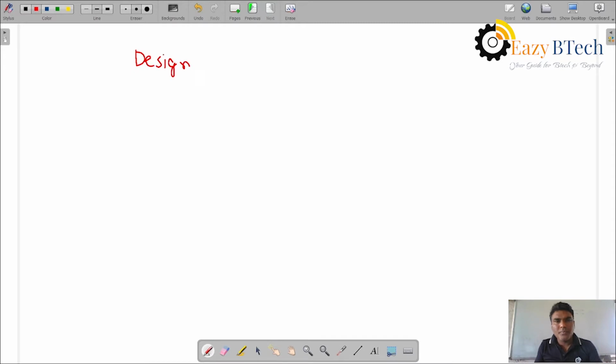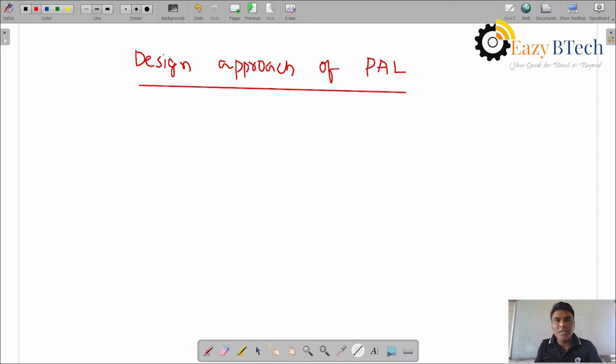It is another type of PLD. The design approach of PAL, programmable array logic.